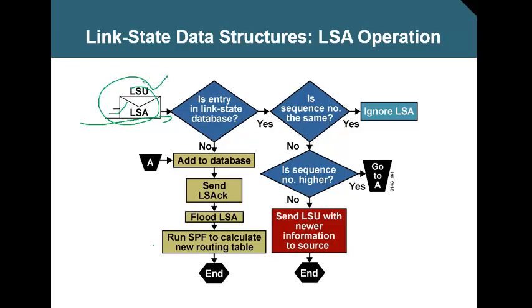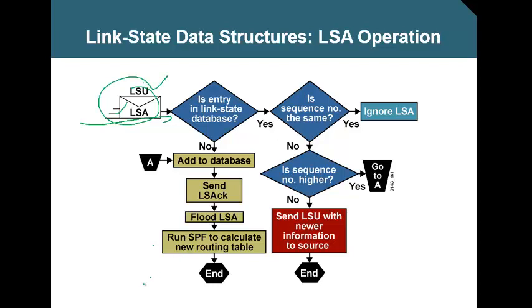Advertisements, updates. U means update, A means advertisement. An update is coming. If it is a single update, we call it an advertisement. A collection of LSAs put together inside an envelope is called an LSU, link state update.